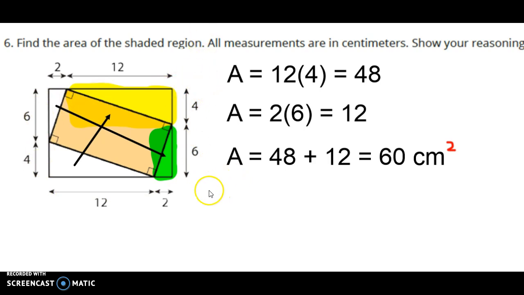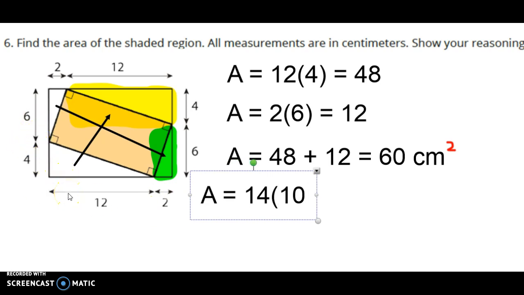So to find the area of the overall rectangle, I need to do area equals base times height. So let's start with my base. Area equals 12 plus 2, which I know is 14, times my height, which is 4 plus 6, which is 10. This one we can do in our heads because it's a multiple of 10.